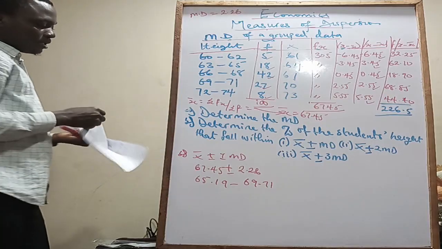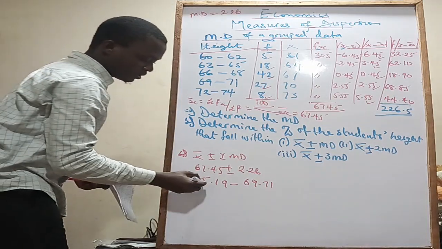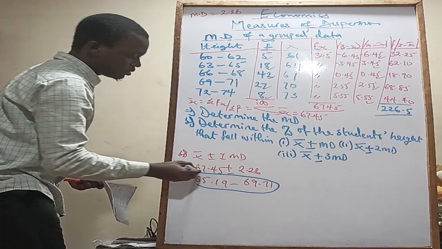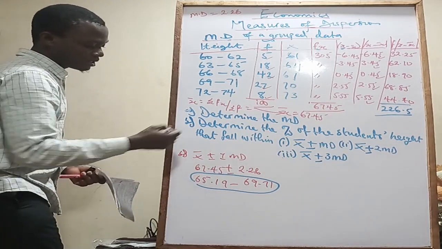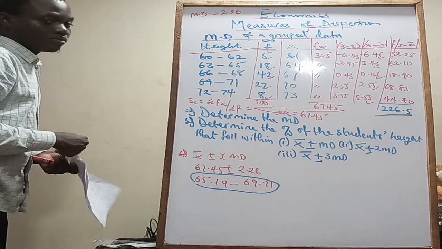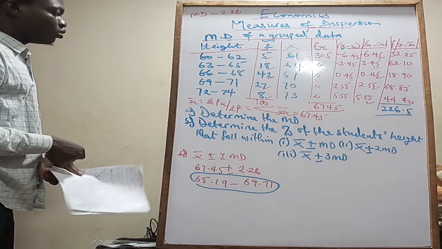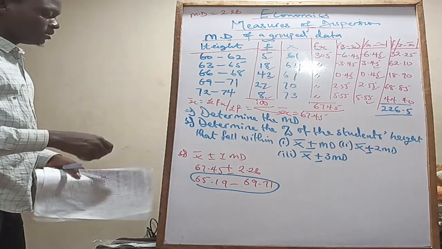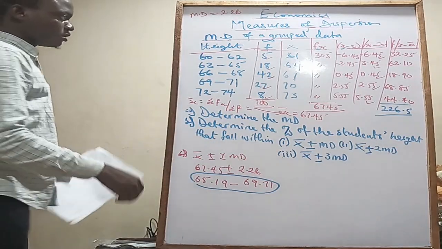This is the percentage of students' height that fall within 65.19 and 69.71. So what we now have to do is that we need the class boundary.